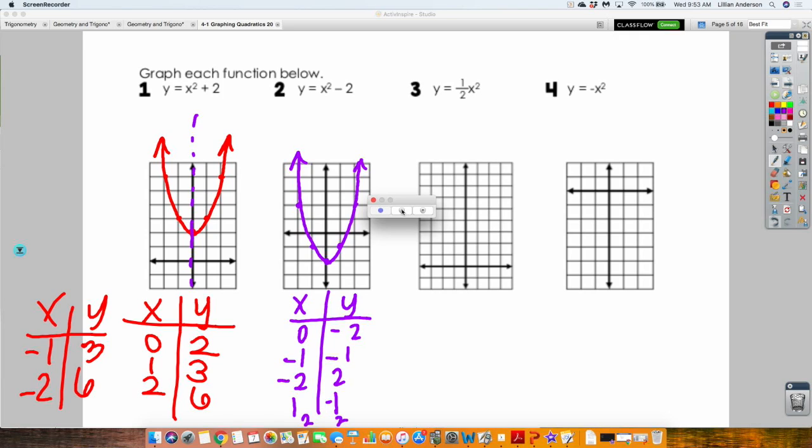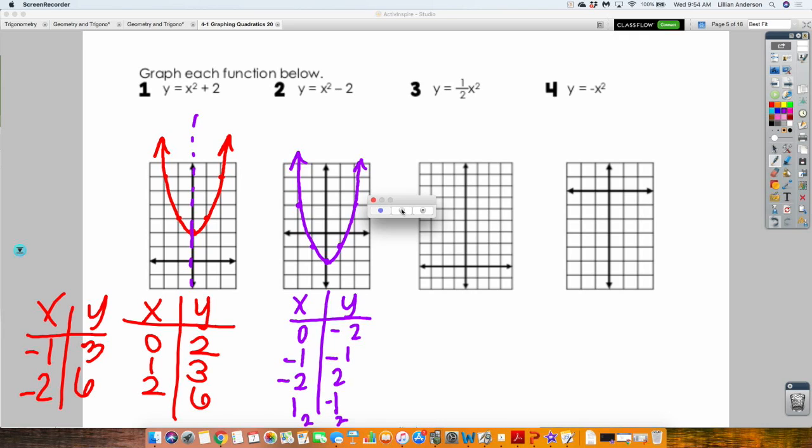So what I'm going to have you guys do next is plug in some negative points, okay? Plug some negative points into the function and get the rest of this graph. What happened when you plugged in -1? You got 3. What about when you plug in -2? 6.